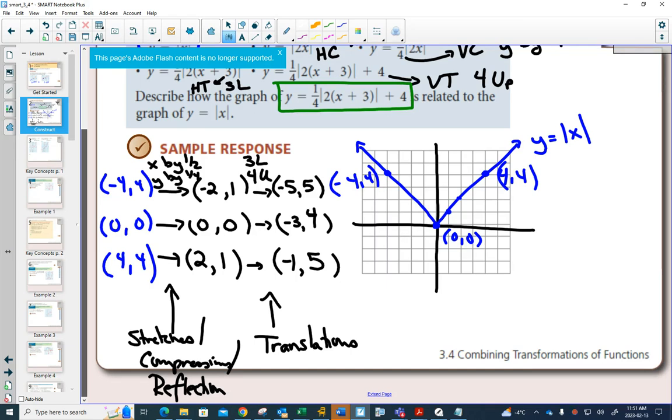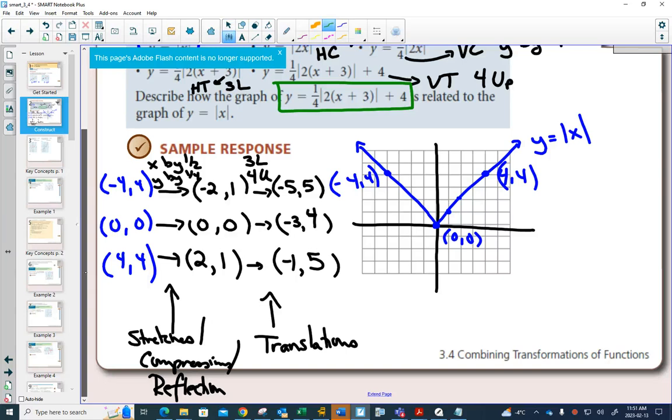Again, take your time with this mental math. Because it is easy, you will have a tendency to try to think ahead what you should do next, and then you will make mental math errors. So take your time. We've got our new points.